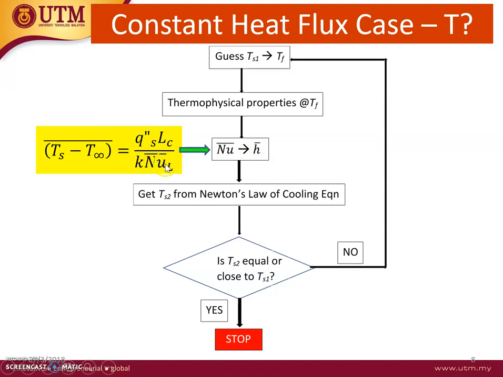From this equation, you will determine the average surface temperature over the plate. And check if the surface temperature is close to the initial first guess that you made. Most probably not. Then you have to move and determine a second better guess of the average surface temperature. So it's a loop. If your determined surface temperature is close to the earlier guess, then you may stop.